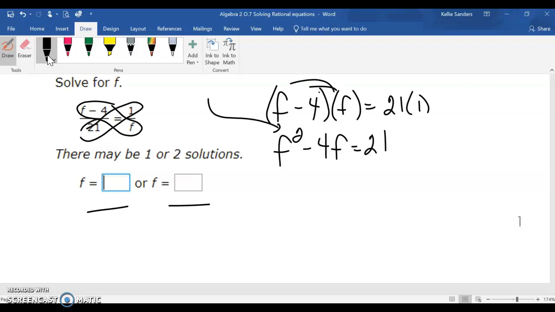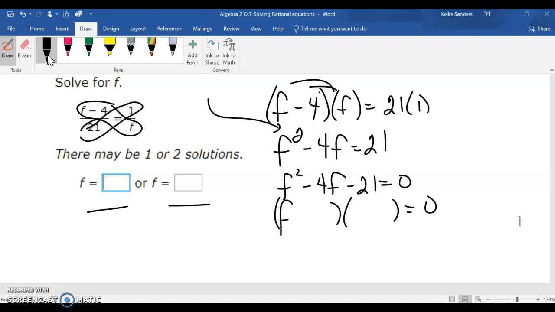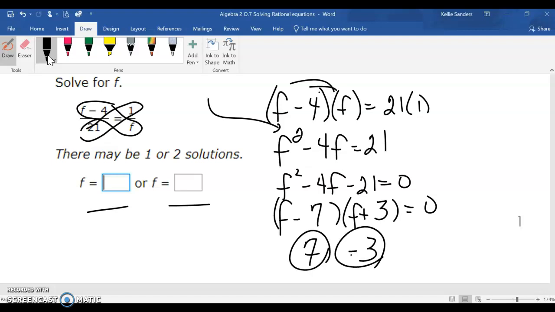The way we're going to get 2 answers is we are going to factor. So to factor, remember, it has to equal 0 first. F minus, f plus, multiply to get 21, subtract to get 4, 7 and 3. So what would your zeros be? 7 and negative 3.